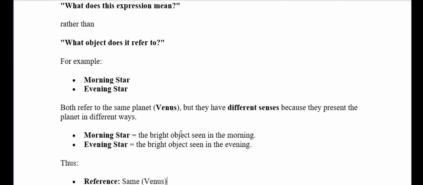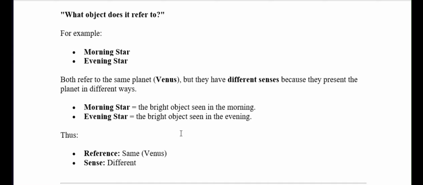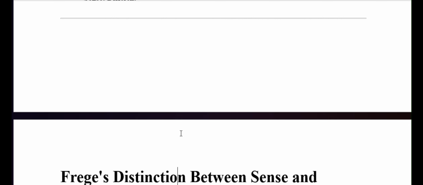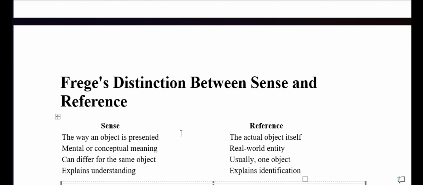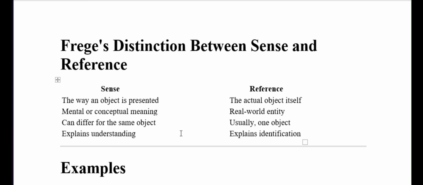Okay. Now, Frege has distinguished between the sense and reference. Sense is basically the way an object is presented, the mental or conceptual meaning. And reference is the actual object itself. It is a real world entity, usually one object. An example is given here, the same morning star and evening star.